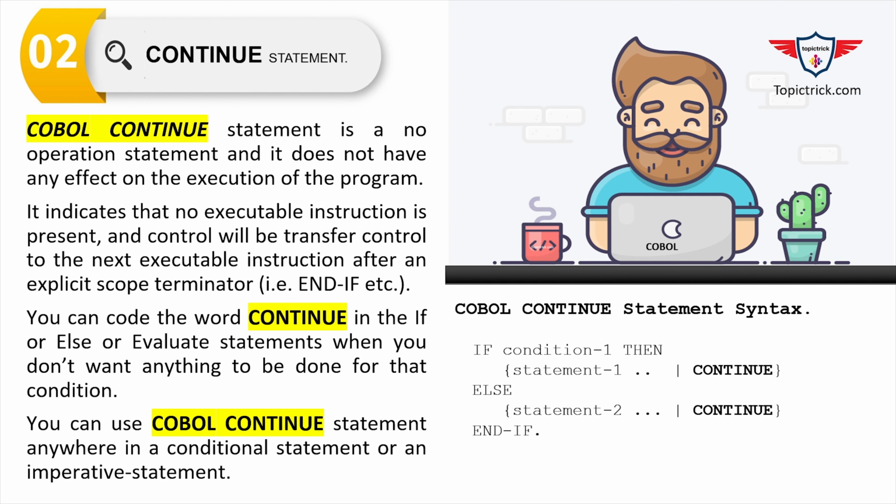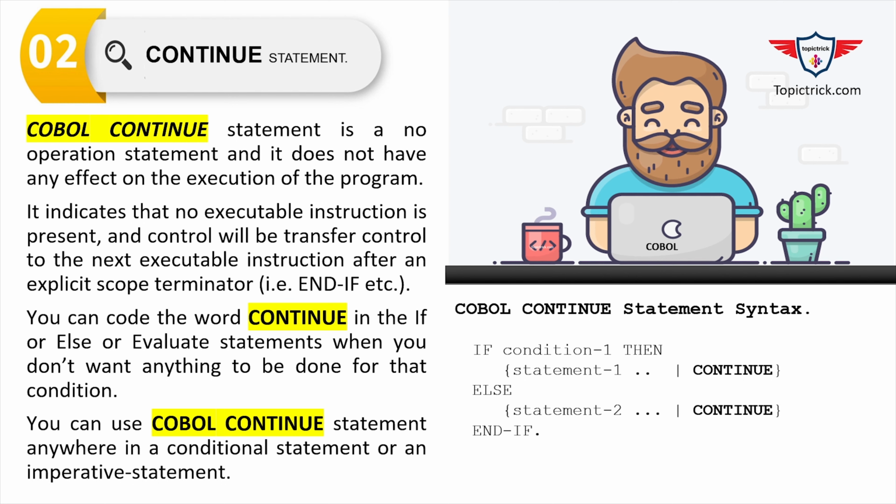Now, let's look at the definition of the COBOL CONTINUE statement. The COBOL CONTINUE statement is a no-operation statement and it does not have any effect on the execution of the program. It indicates that no executable instruction is present, and control will transfer to the next executable instruction after an explicit scope terminator, for example END-IF and END-EVALUATE.